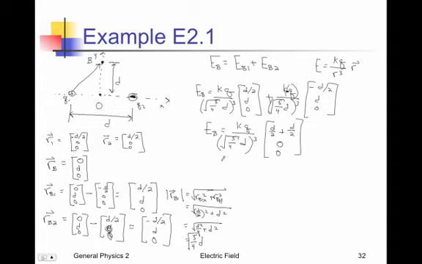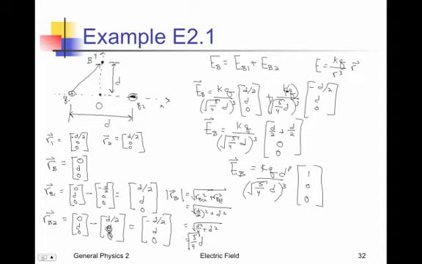So that gives me E_B equals kQ over the square root of 5/4 D cubed. Now D over 2 and D over 2, I'm going to pull a D out, and 1/2 plus 1/2 is just 1, 0, 0.